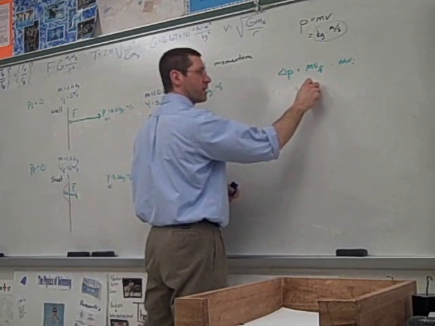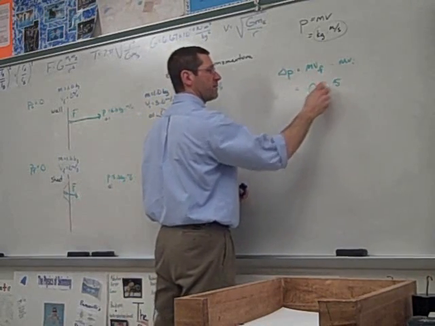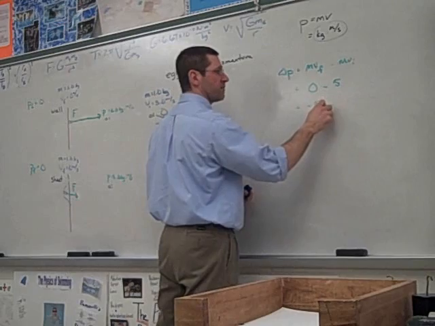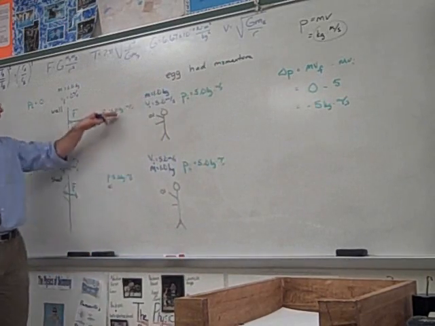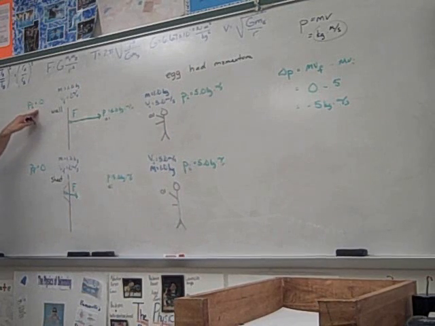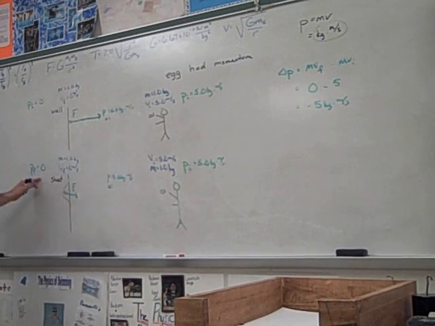The final momentum was 0. The initial was 5. So in both cases, it was -5. Change in momentum went from 5 to 0. So that's a negative change, right? We're taking away 5 kilogram meters per second of momentum. So they both have an equal momentum change.